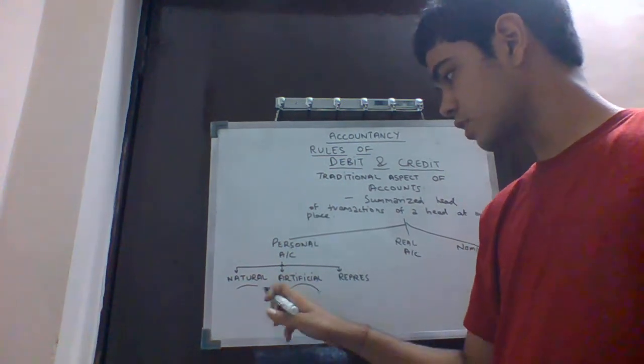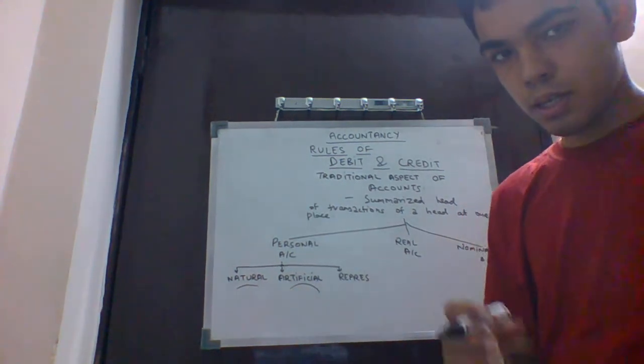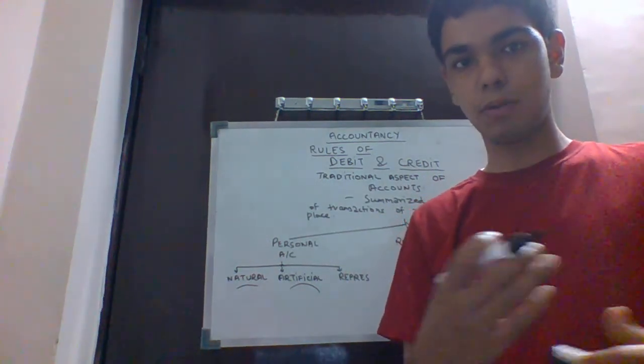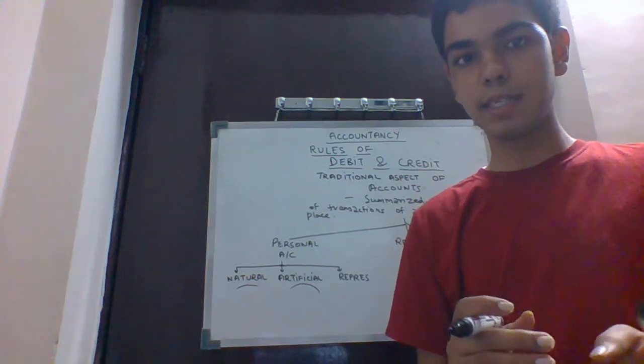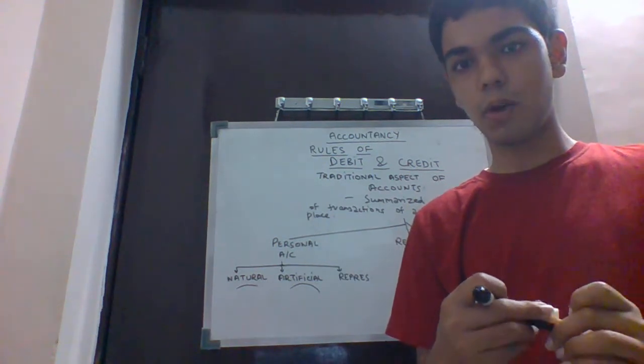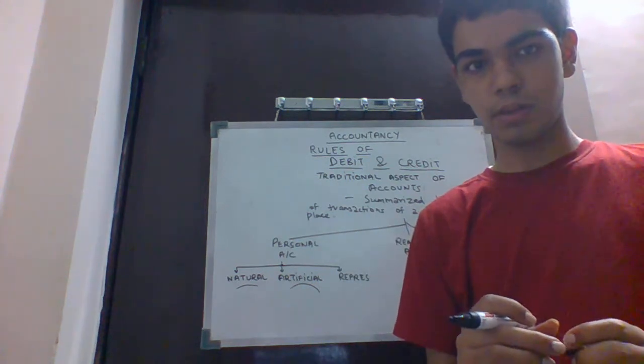Now, what is artificial personal account? You have read in the business studies first chapter, basic forms of business organization, that company is an artificial person having a common seal. How is company an artificial person?